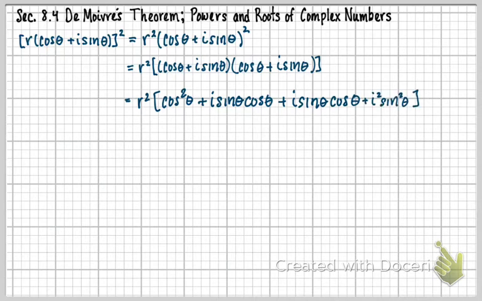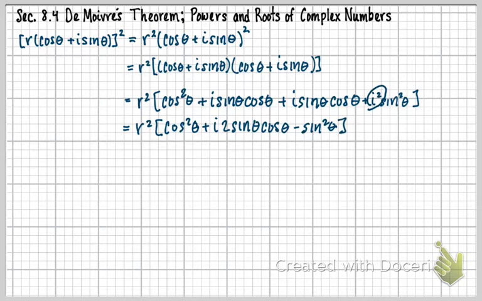Now from here, I'm just going to combine like terms and simplify wherever I can. So it's going to be 2i sine theta cos theta. And notice here, I have a negative sine squared theta. If you look at this, I get i squared, and i squared equals -1.